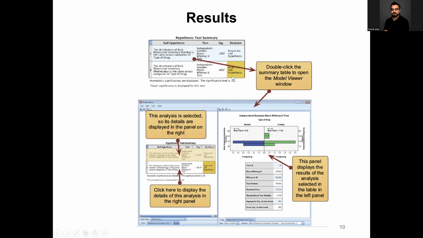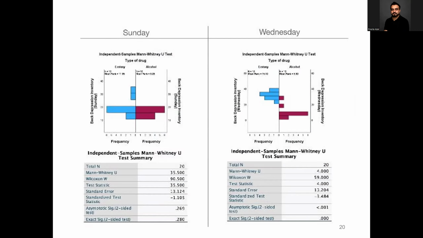So our alternative hypothesis is met, which means there's a significant difference between the two groups, here the types of drug, in my Wednesday data. And this is the Sunday and Wednesday data, comparing the graphs together. At the bottom, this is an output SPSS will provide.